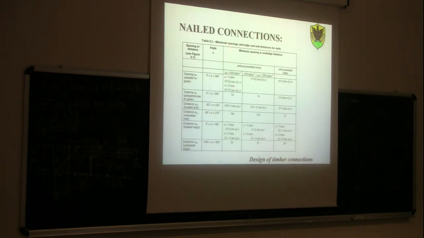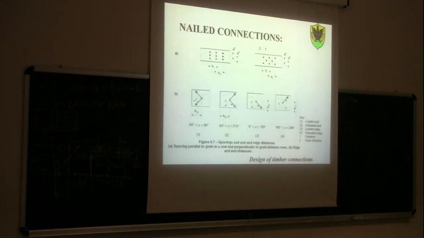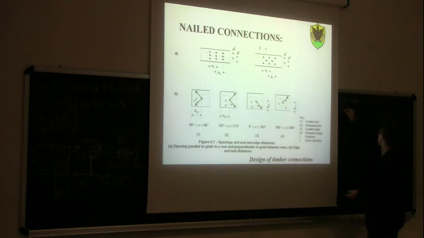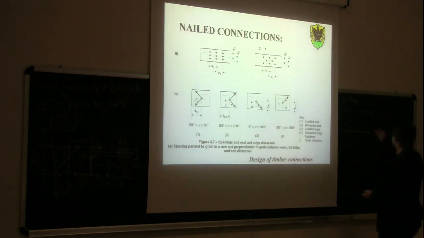So this column here should be applied in our case. So let's see what kind of spacing we should be using. So this is our timber member. So the nails are this way.